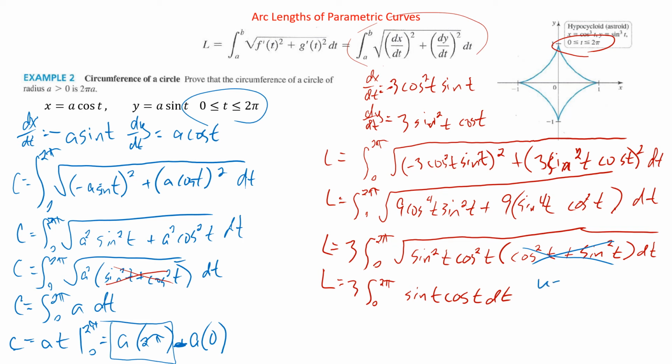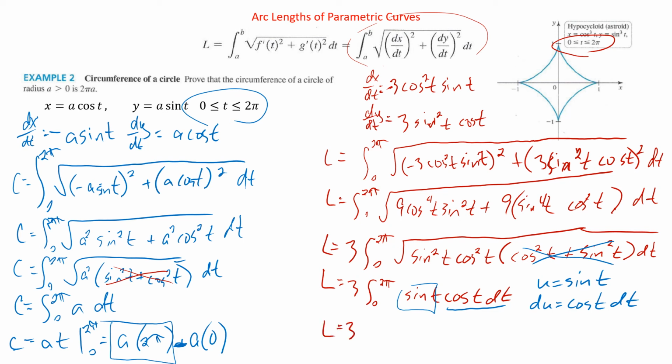So I would let u equal sine t. Oh yeah, u substitution. You knew it was coming eventually. Du will equal cosine t dt, which means we have du right there.